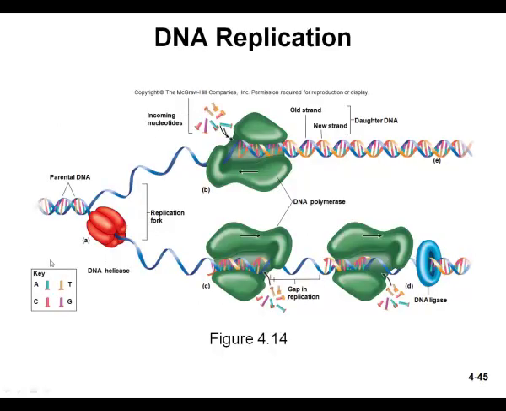And the process looks like this. Here is the original DNA. Now you're separating the two by an enzyme called the DNA helicase. That provides us with something called the replication fork. Now comes an enzyme called DNA polymerase.